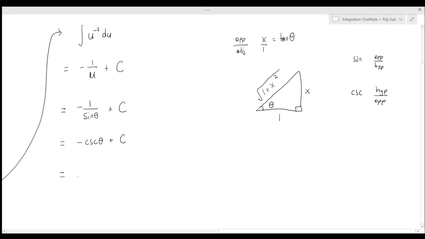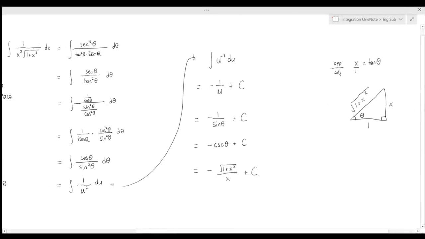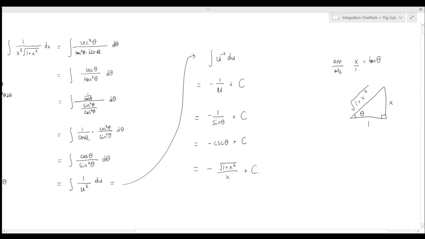So that means cosecant theta, we could rewrite it as hypotenuse, so square root of 1 plus x squared, all right, and then over the opposite, which is x. Okay. So then that's how you can switch back to the original variable when you do a trig substitution. So if you draw a right triangle, it can help you out in doing so, all right?